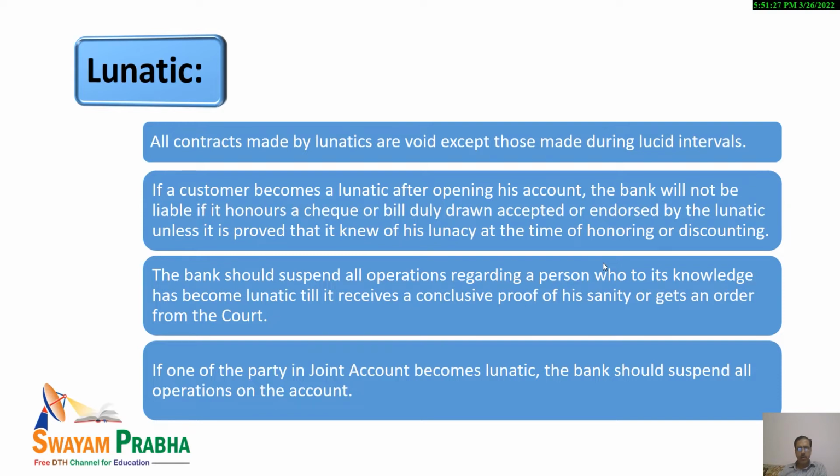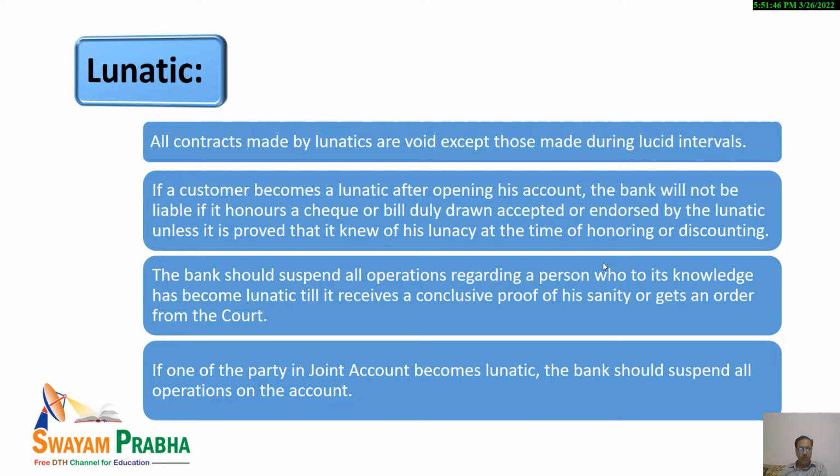Whenever the bank becomes aware that a particular customer has become a lunatic, then banks are advised to suspend all the banking operations with that person.